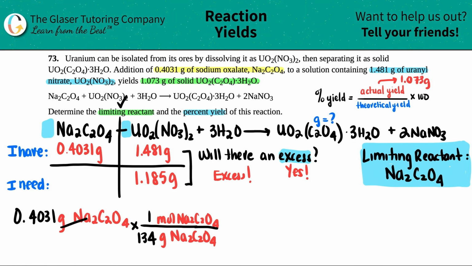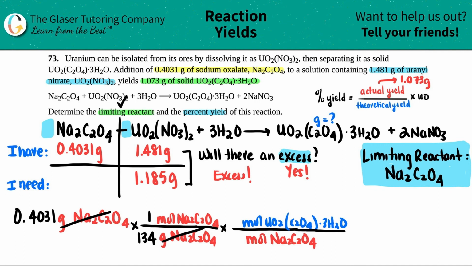That was the amount on the periodic table. Now we're going to convert it into the product, right? So times by that ratio, the mole of Na2C2O4 goes on the bottom, and now we're crossing over. Mole of the UO2C2O4·3H2O. That's the product.